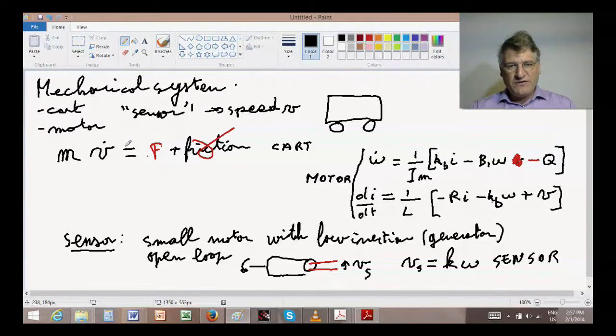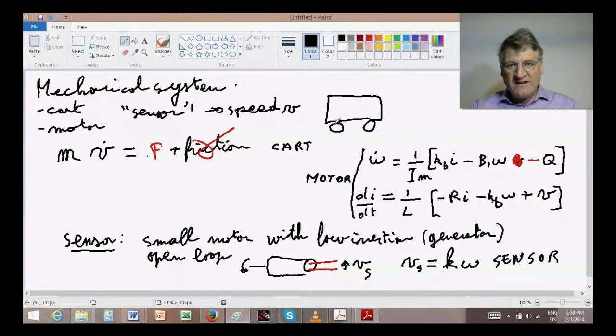For that purpose, I will make another assumption, and it is the relationship of the speed of the measurement motor to the speed of the cart.